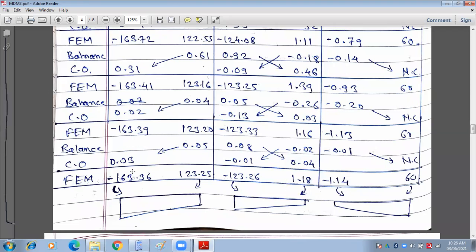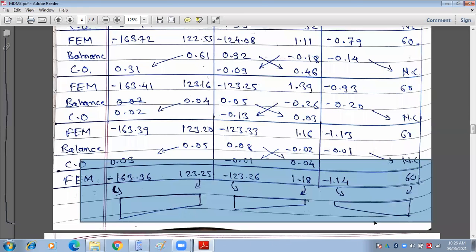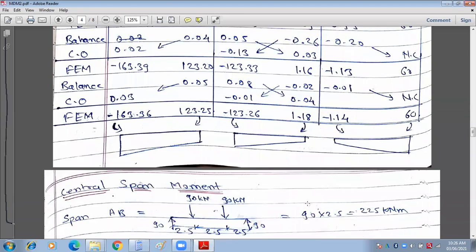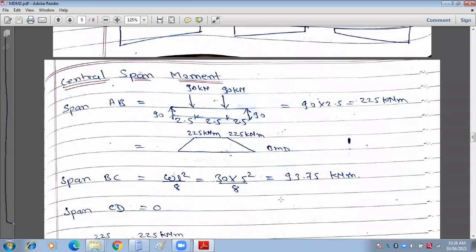Once you get these fixed end moments, the next step is to find the central span moment. For the span AB there are two point loads, and we consider it as a simply supported beam. If the loading is the same, the reactions will be the same, and we have to find the moment over here and over here.